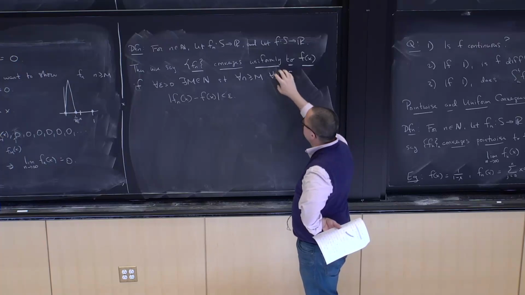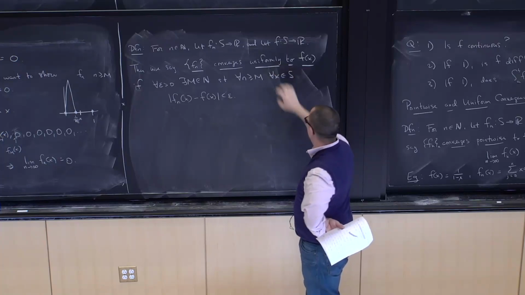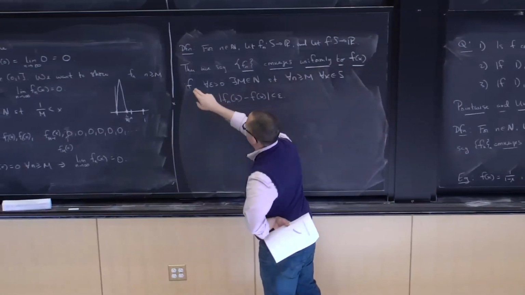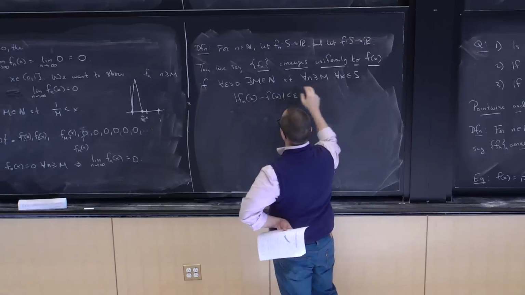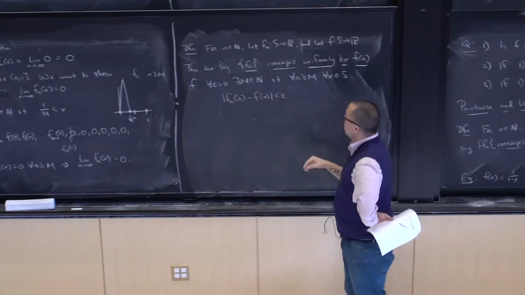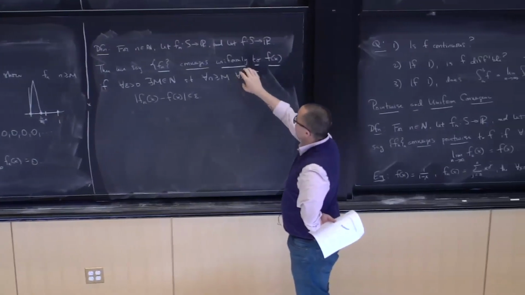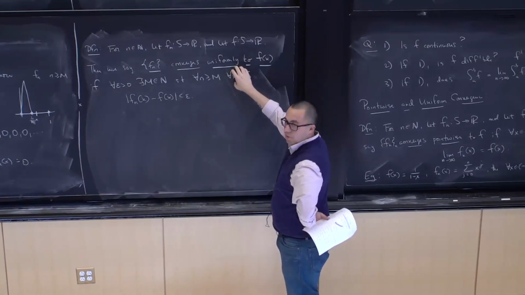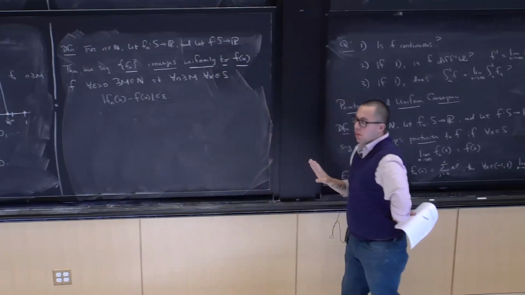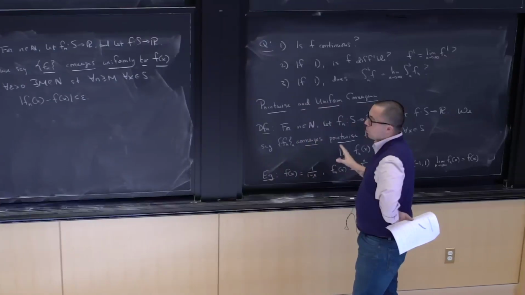For pointwise convergence, it sits at the start of the line, for all x in S, for all epsilon positive, and so on. Here, it appears at the end of the line of quantifiers. This makes a very important difference between pointwise convergence and uniform convergence.